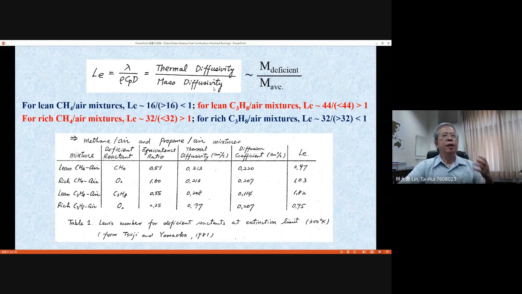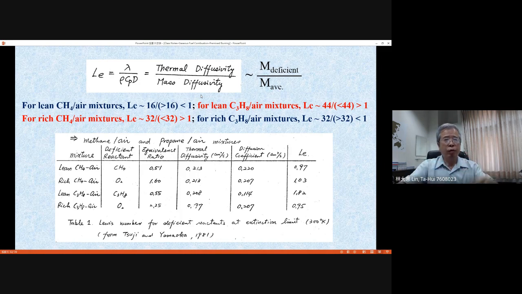Usually, if I want to estimate the Lewis number, you need to check the thermodynamic table to find the thermal diffusivity and the mass diffusivity and calculate it. But I will tell you an easier way to estimate the value of the Lewis number. Think about the mass diffusivity, because now you have a premixture.